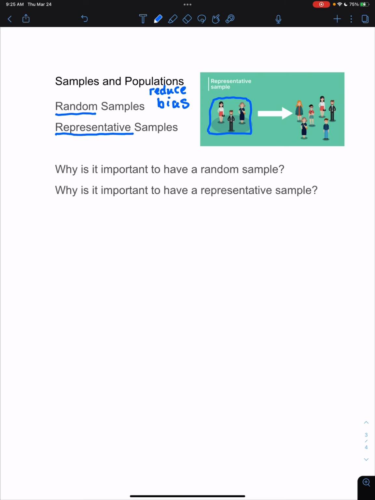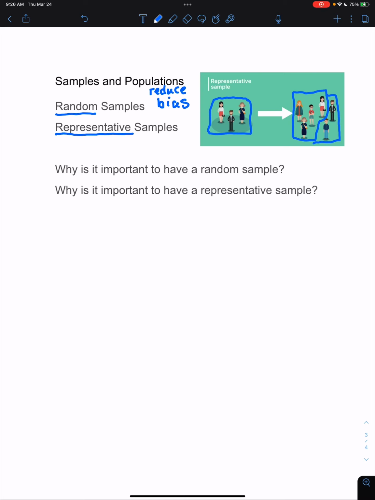Notice that we have, I'm guessing here, of course, I haven't met these people, but we have about 4 people in this group who identify as women. And we have 2 people in this group who identify as men.